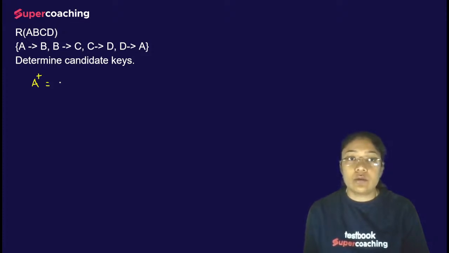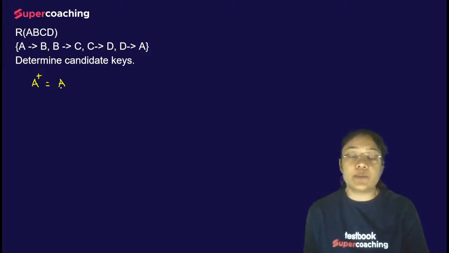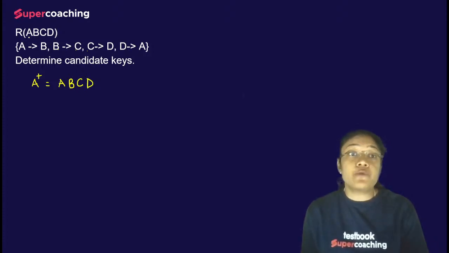A closure, A will be determining itself in the given dependency set. We have A determines B, so A is determining B, B is determining C, so I'll include C, C is determining D, so I'll include D. And there are four attributes in the relation R, so we can say that A closure is determining all the attributes of the relation, so this is a super key.